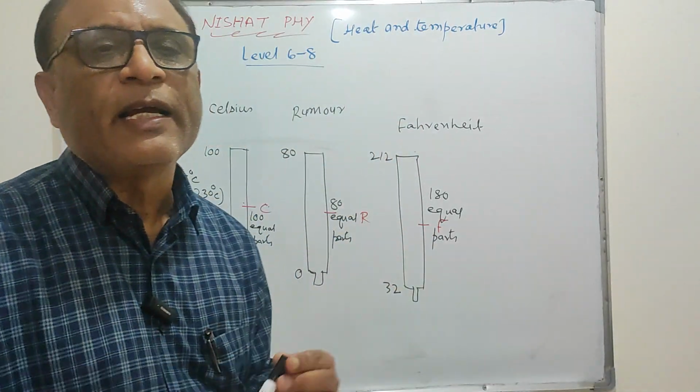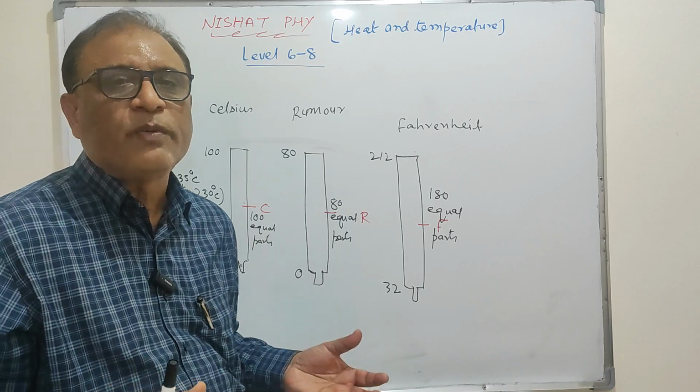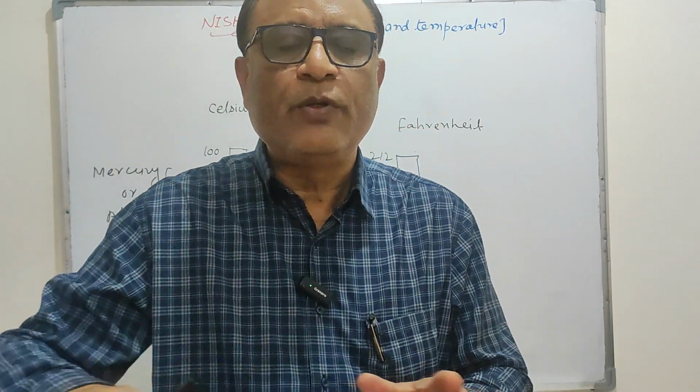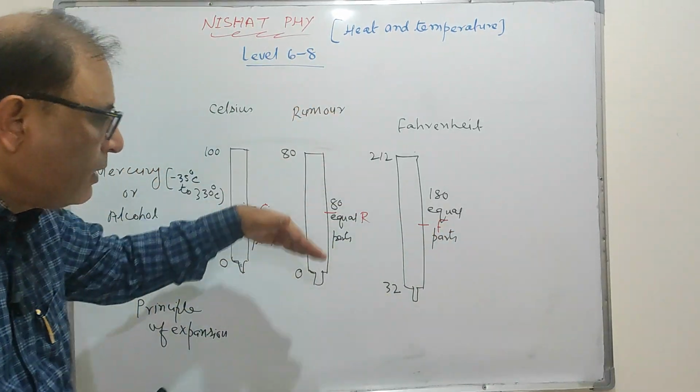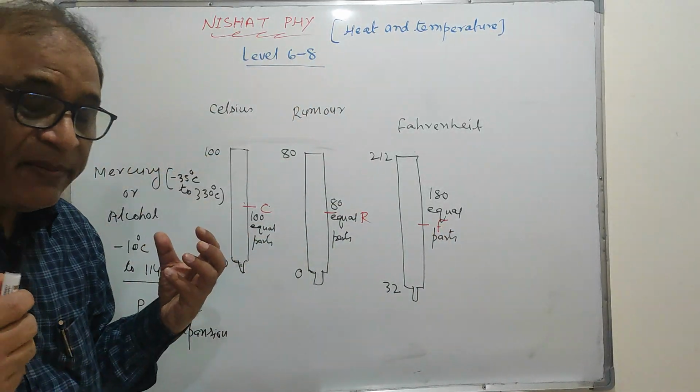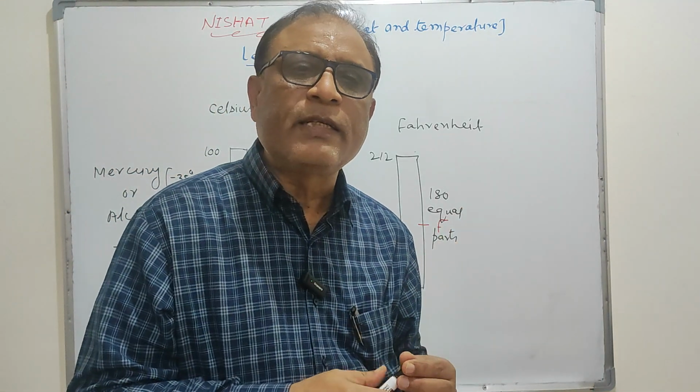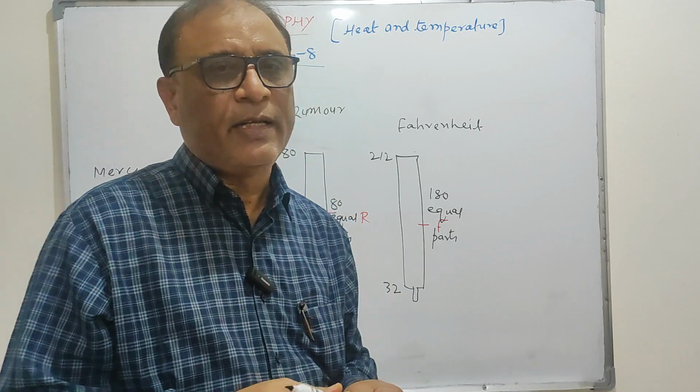You can easily make a scale. No need to learn from the book C equal to F 9/5 into this and that. Only see the pattern and learn these things. I know that you are mature enough to understand all these things at this level.